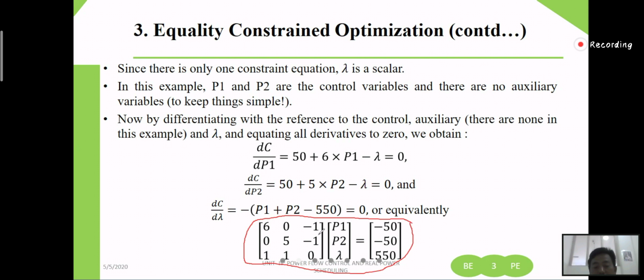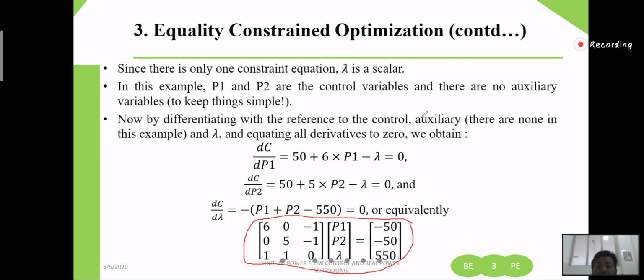If you multiply that, you will get 6p1 minus lambda equal to, taking it to the right hand side, minus 50. Similarly the second one, p1 is 0, so 5 p2 minus lambda. Then for lambda you get 1 1, and here I have kept it positive. If you want it minus, then it will also be minus. So you are getting this type of equation.